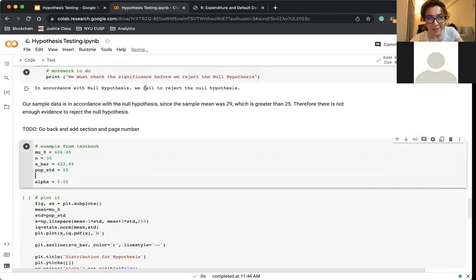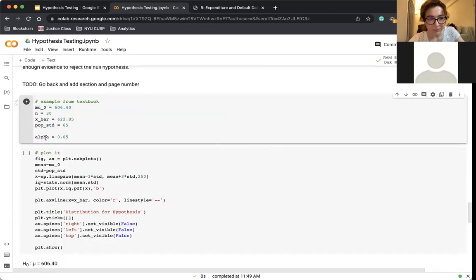But I had that other example from a data frame in real life where you need to create these input parameters yourself. At this point, we should be pretty familiar with an X bar being the sample, and we're comparing that against the population or whatever we're trying to prove against.